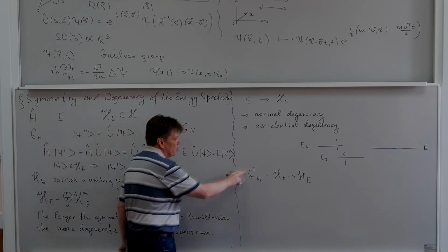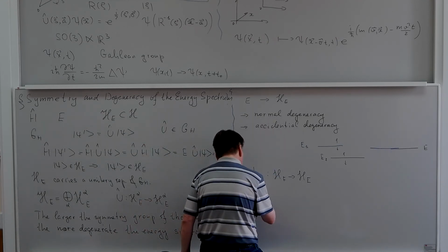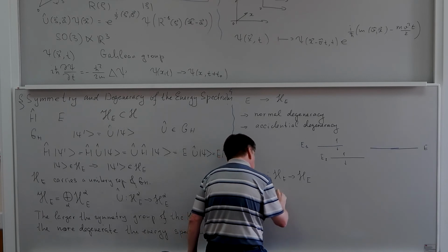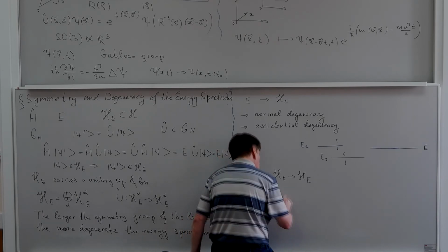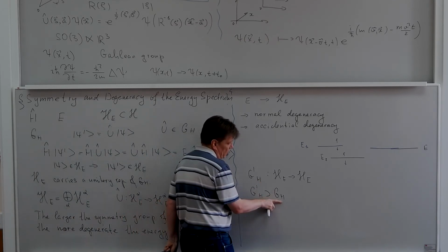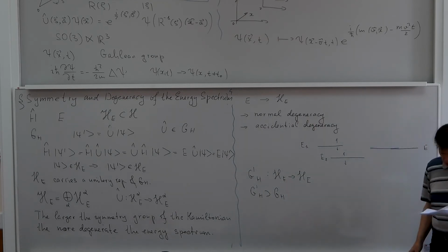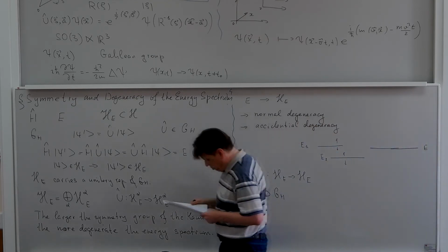But this action becomes reducible when we reduce this group to the smaller subgroup G_H. So this action is reducible with respect to G_H, but irreducible with respect to some bigger group G_H prime.